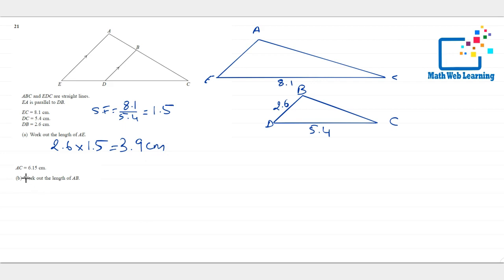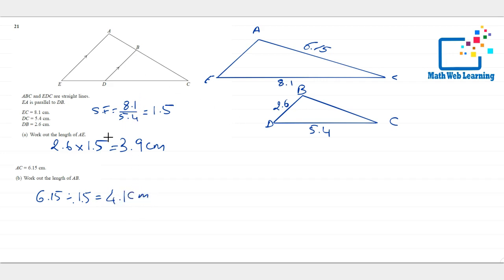All right. Question B, it says work out the length of A to B. So I need to work out B to C because that is corresponding to A to C. So I need to do 6.15 divided by 1.5. That will give me 4.1 centimeters.